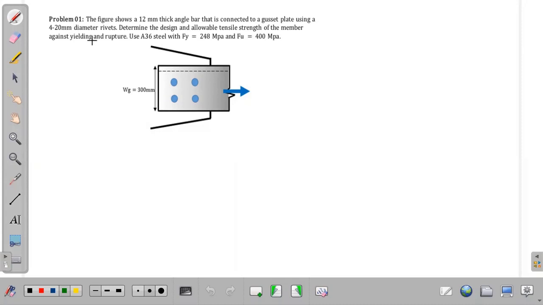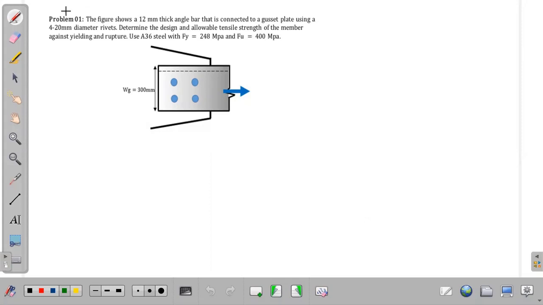Wala pa akong nabigay na sample problem sa inyo, di ba? Still fourth year. Wala pa. Okay. So I hope you have read the attached module regarding the tension members and memorize the given equations used in solving for the design and allowable tensile strength of members. Okay?